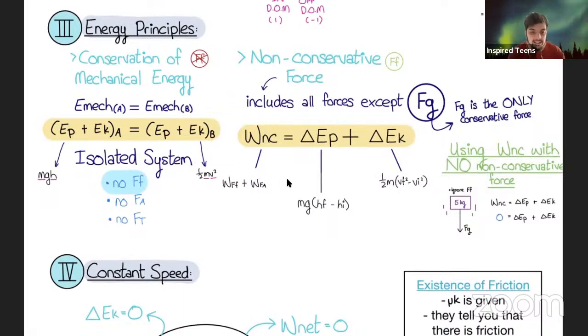If it has friction, the first formula that should come to mind is this one, the non-conservative force formula. I'm not guaranteeing that it's going to work 100% of the time, but for about 90% of the questions, this formula is going to work when there is the presence of friction.